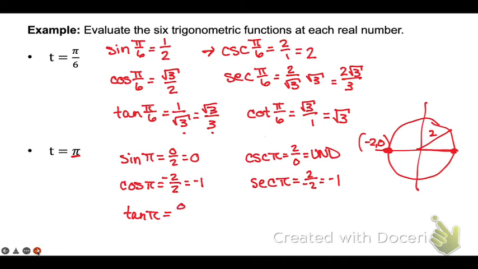So 0 over -2, which would be 0. And cotangent would be -2 over 0, which would be undefined.